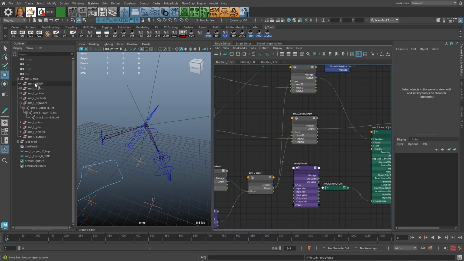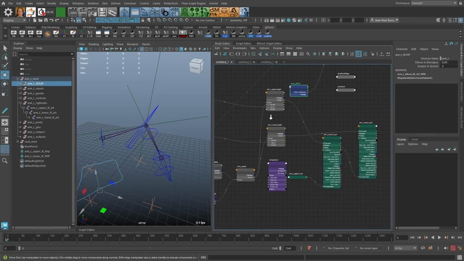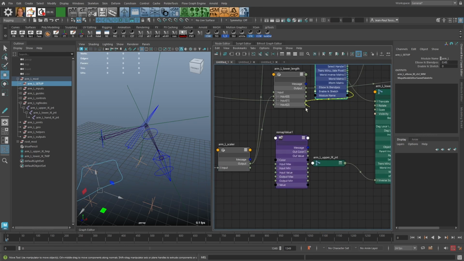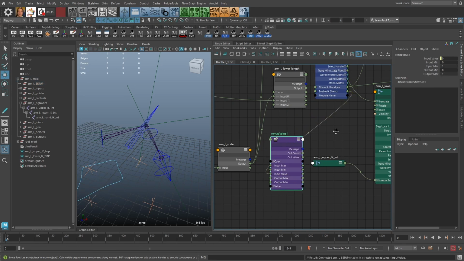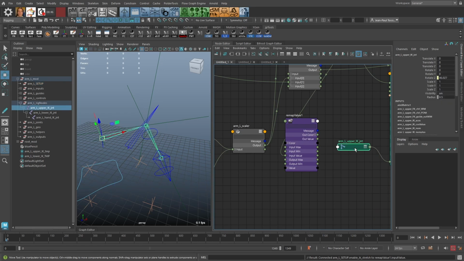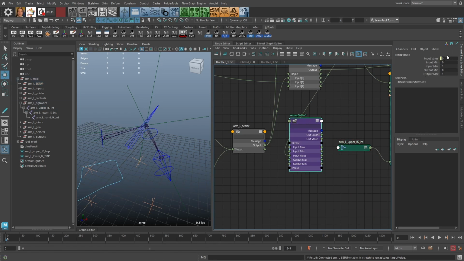And we can take the settings node, it's right here. We can take the enable IK stretch and put it into the input value. And then we can shrink this again. And then the input value goes from 0 to 1. And when it's 0, you want the stretching to be disabled, so the output should be 1.